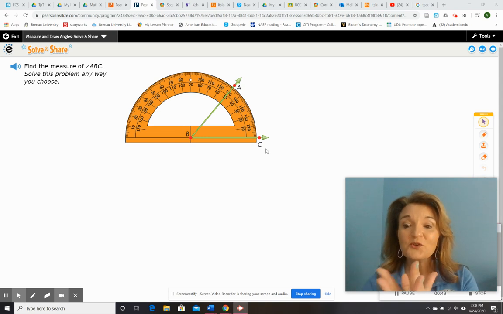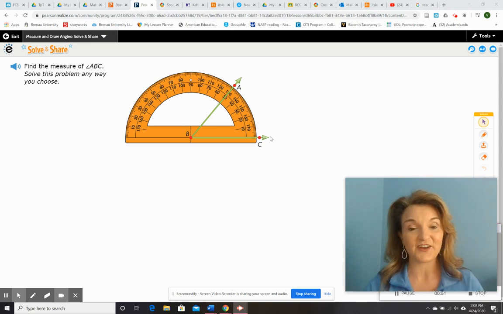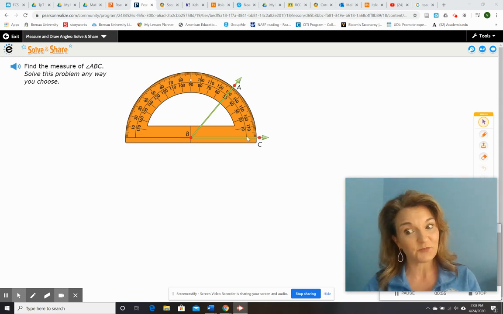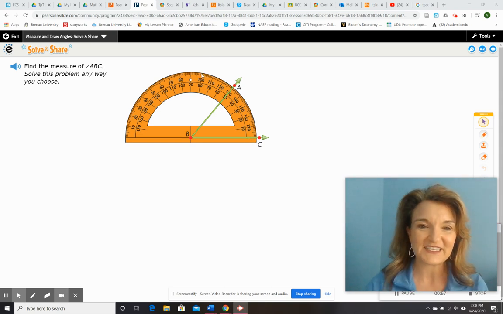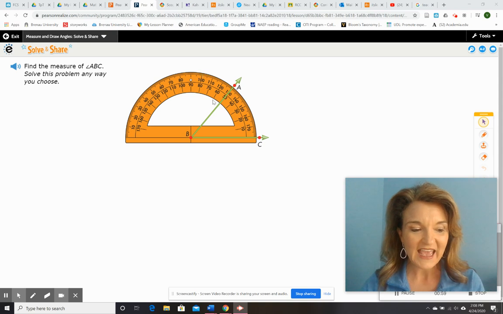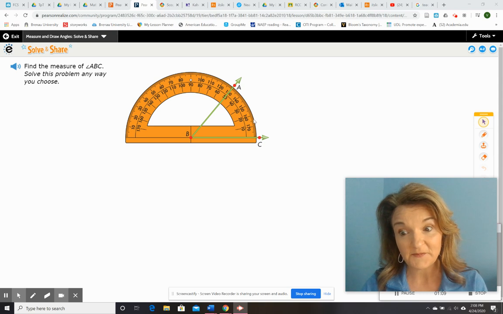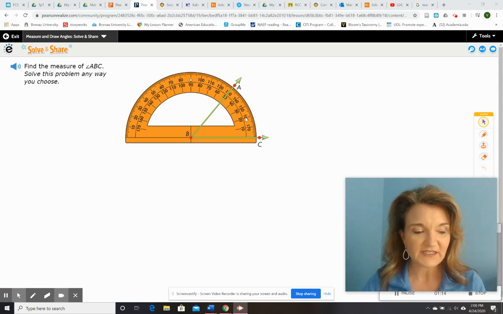So the tool that we need to measure the area that's inside, or the area between the two rays, is called a protractor. Here you see a picture of the protractor. If you notice, there's a dot, and each number here on the protractor represents a degree.